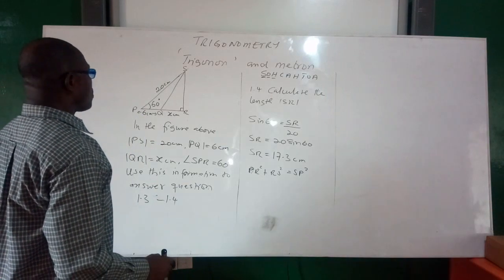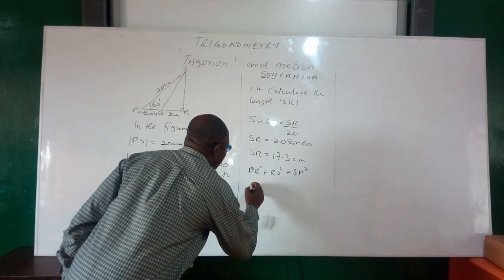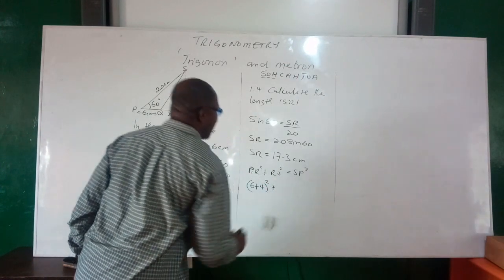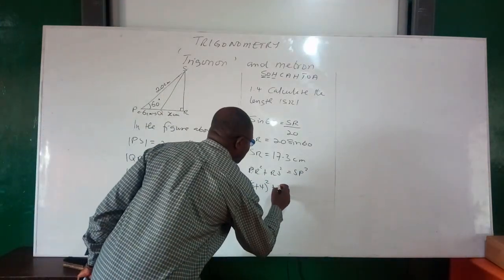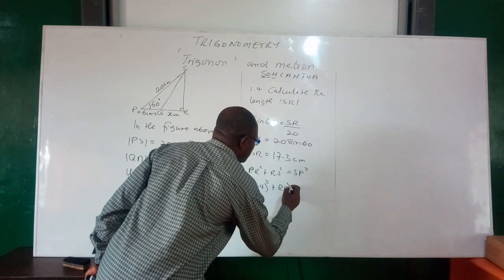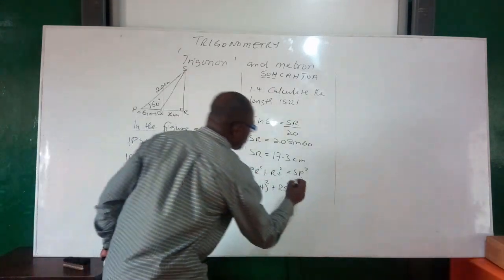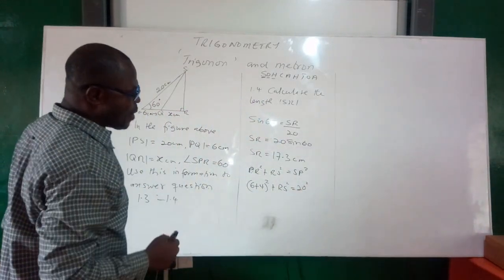Good. So PR is now 6 plus 4, so we have 6 plus 4 square plus RS square, which is what we are now looking for, equals SP square, which is 20 square. Good. So let's make RS the subject.